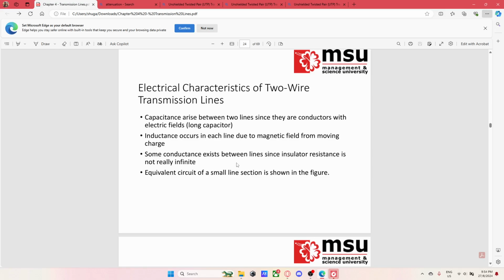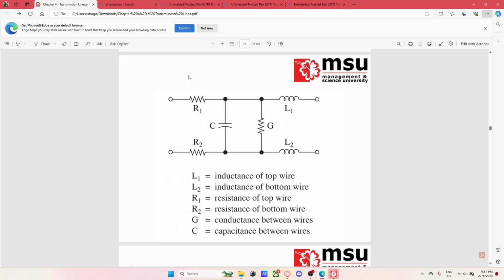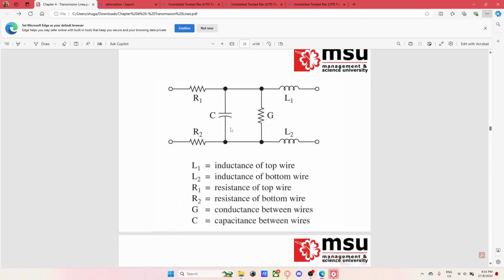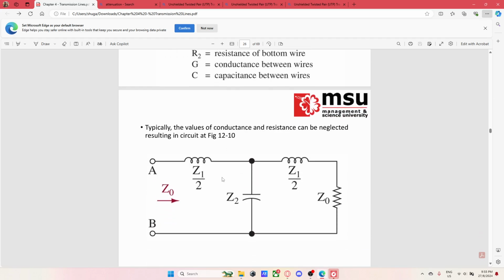The equivalent circuit of a small line section is shown in this figure. Okay, this figure contains two resistances, two inductances, one capacitor, and one conductance between the wires. But typically the values of conductance and resistance can be neglected, resulting in this circuit. As you can see, it is only left with inductance and capacitance. All right.